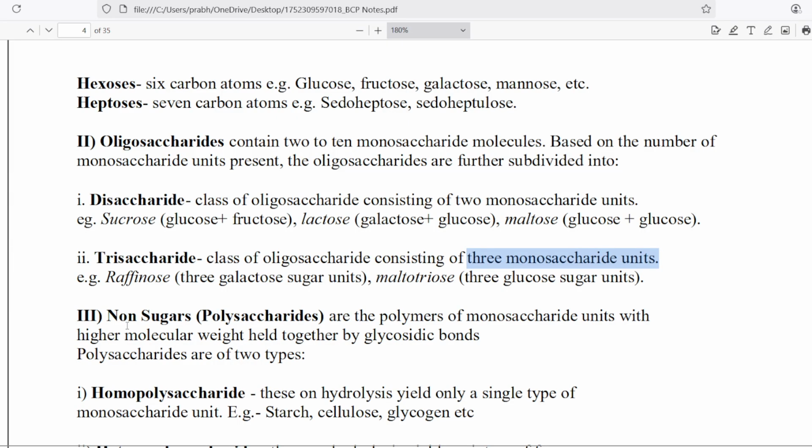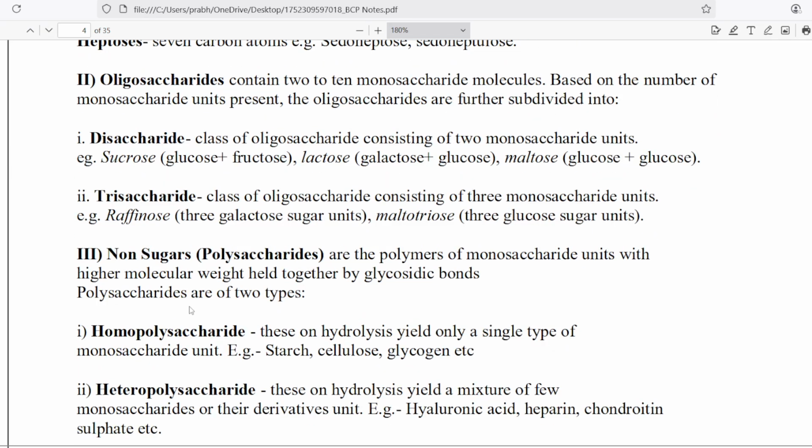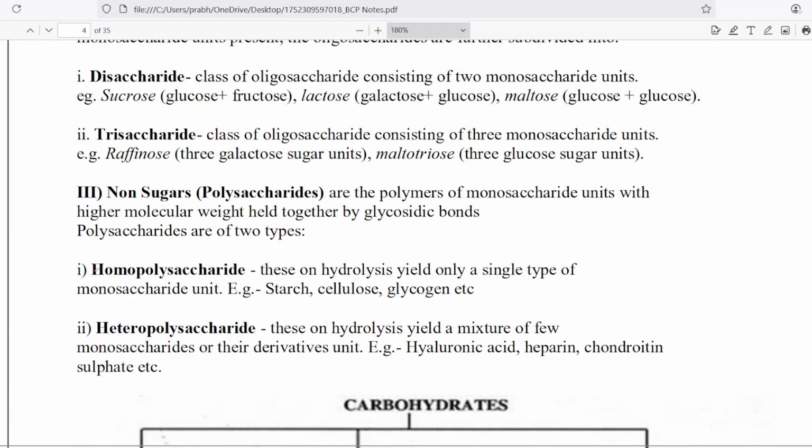Then third class of the carbohydrate is non-sugar, which is also called a polysaccharide. Polysaccharides are polymers of monosaccharide units with higher molecular weight held together by glycosidic bonds. Polysaccharides again have two types. First is homopolysaccharide and the second is heteropolysaccharide. Homo means same, hetero means different.